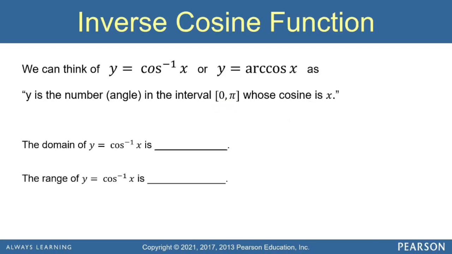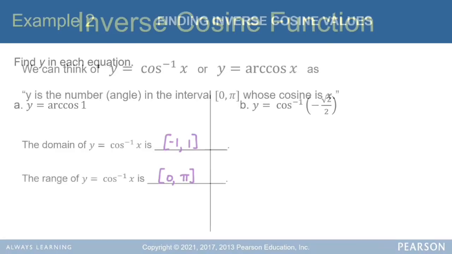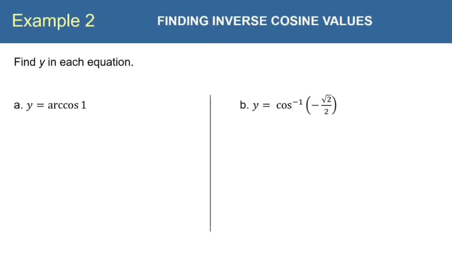Again, the input for this function is the cosine value, and the output for this function is an angle between 0 and pi radians. So the domain or input for cosine inverse of x is -1 to +1. And the range or output of cosine inverse is going to be any angle in the interval from 0 to pi radians. So let's practice with that here in example 2.